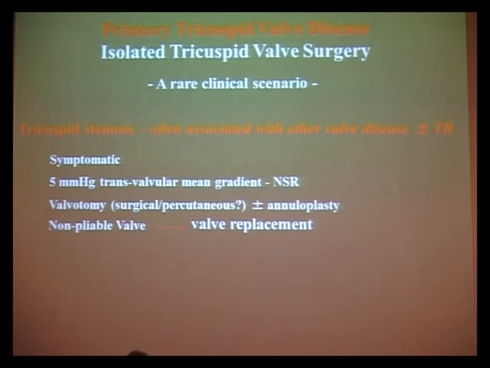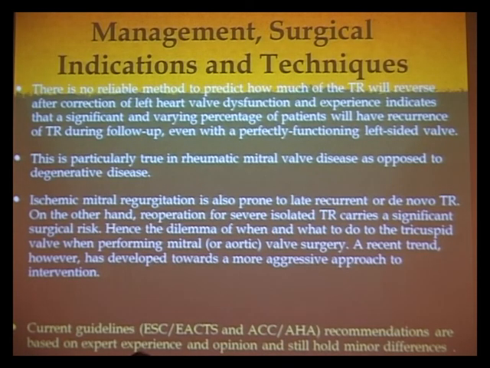If it is over 5 millimeter, it's an important tricuspid stenosis, and of course we need a symptomatic case, then we can perform either catheter valvotomy by percutaneous way or surgical one. If the valves are non-pliable, we can perform a valve replacement.